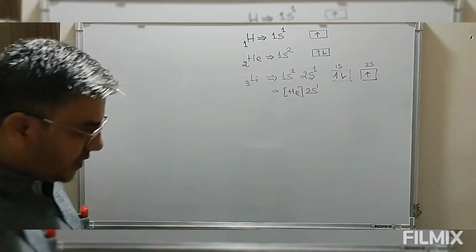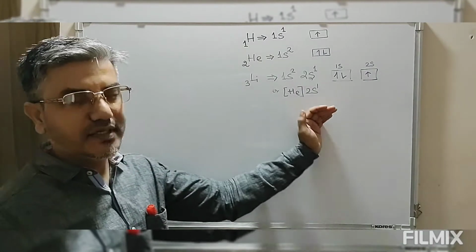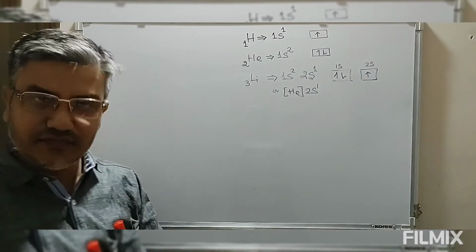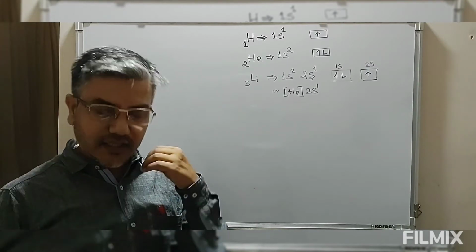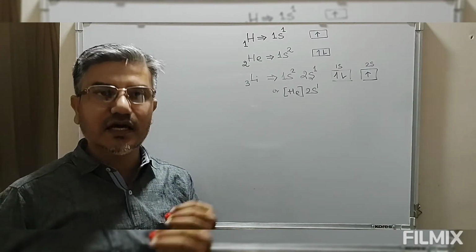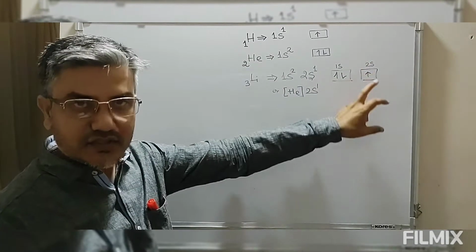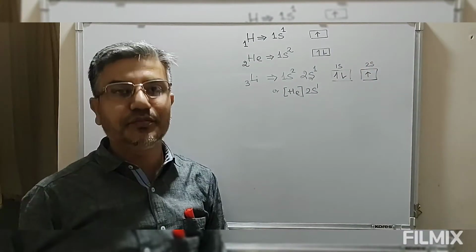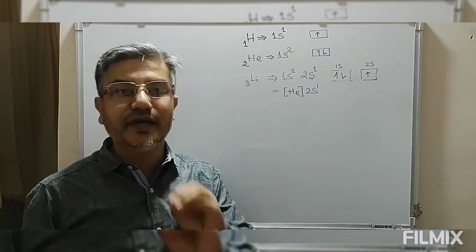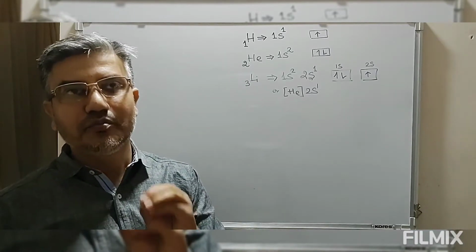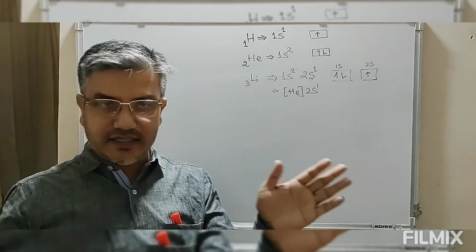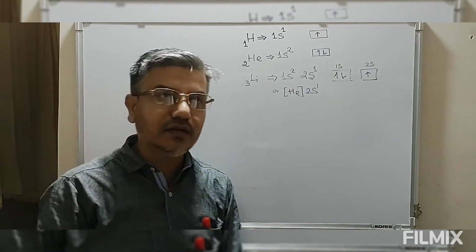Whenever we have an element or any particular species with an electronic configuration containing unpaired electrons, look at this, we have this unpaired electron. The presence of unpaired electrons makes the system paramagnetic, meaning it is attracted towards an external magnetic field.